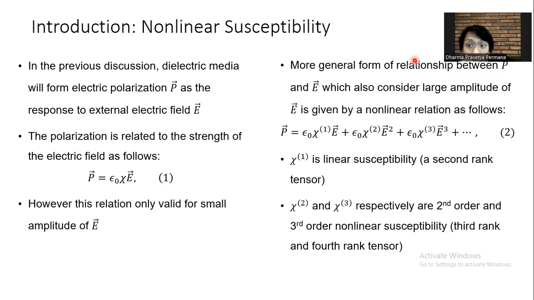The third order nonlinearity usually exists even when the material has inversion symmetry, so point symmetry. But the second order nonlinearity happens only when the material doesn't have that kind of point symmetry or inversion symmetry. So the symmetry of the material also plays a role in the susceptibility.